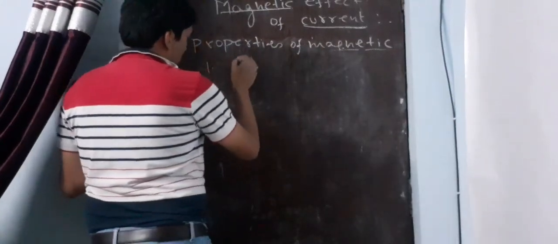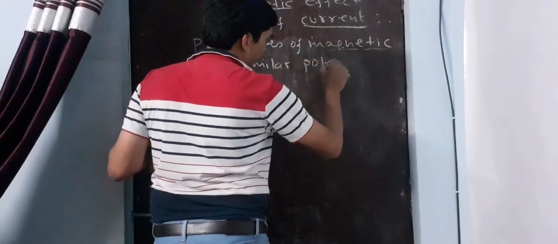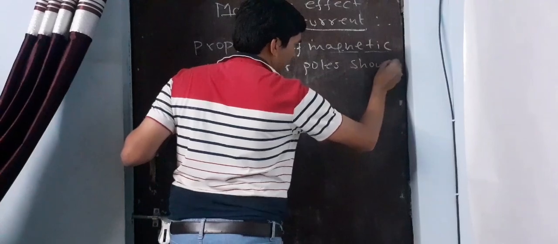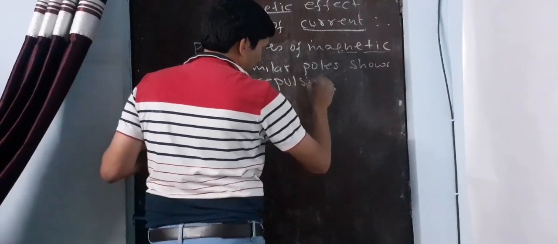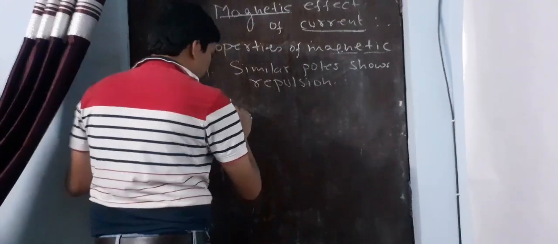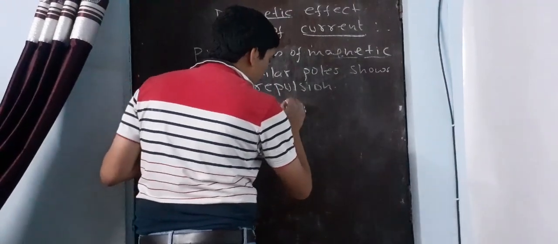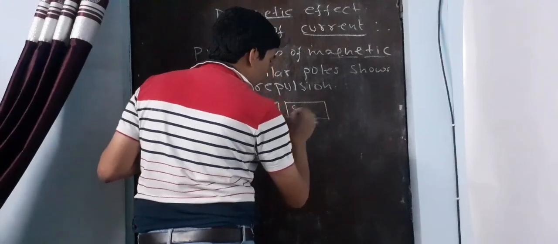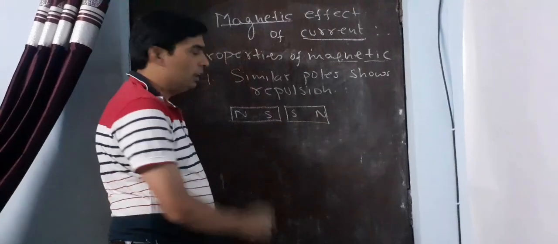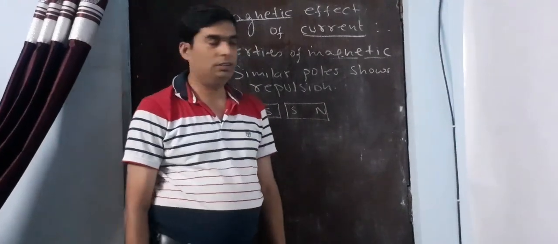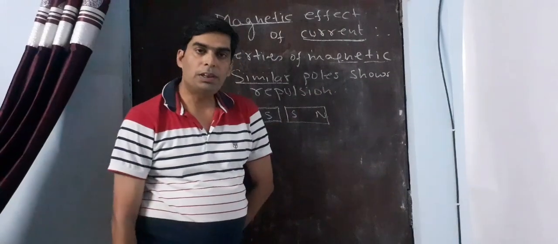Similar poles show repulsion. That means if two magnets, north and south, and another south and north, are brought close to each other, they will show repulsion. There will not be any attraction.